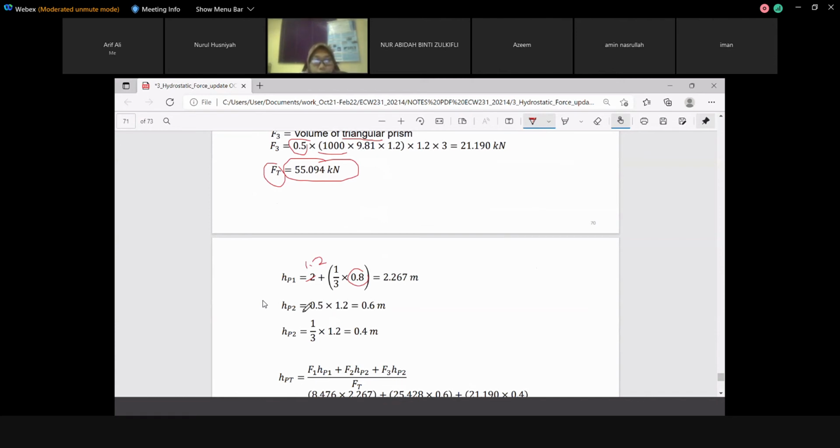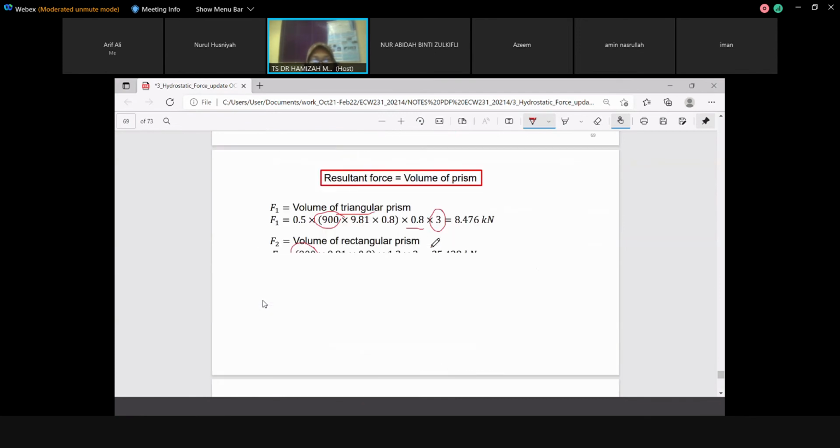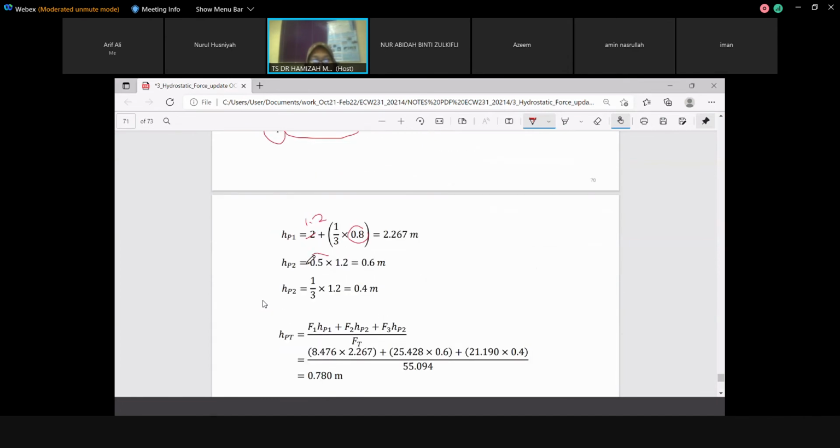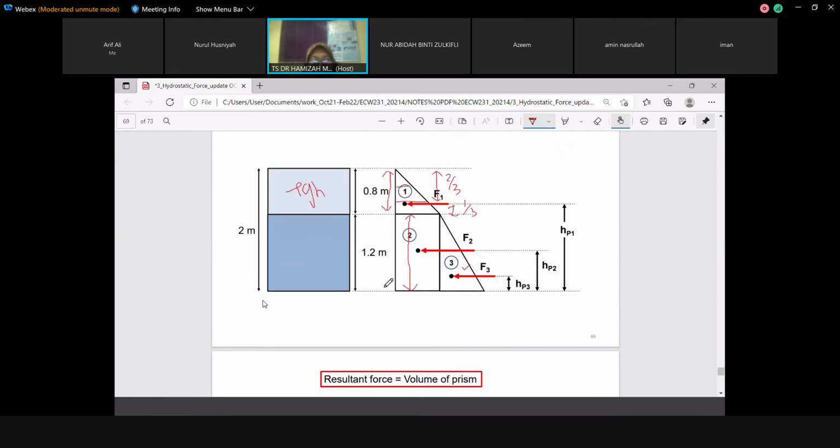Okay, so let's see on the HP. HP ni dia tak ada 1/3 atau 2/3 sebab dia adalah rectangle. So untuk center of gravity rectangle, kita divide into 2 sahaja. So that's why it's 1/2 times tinggi dia 1.2. Betul kan tinggi 1.2? Betul.